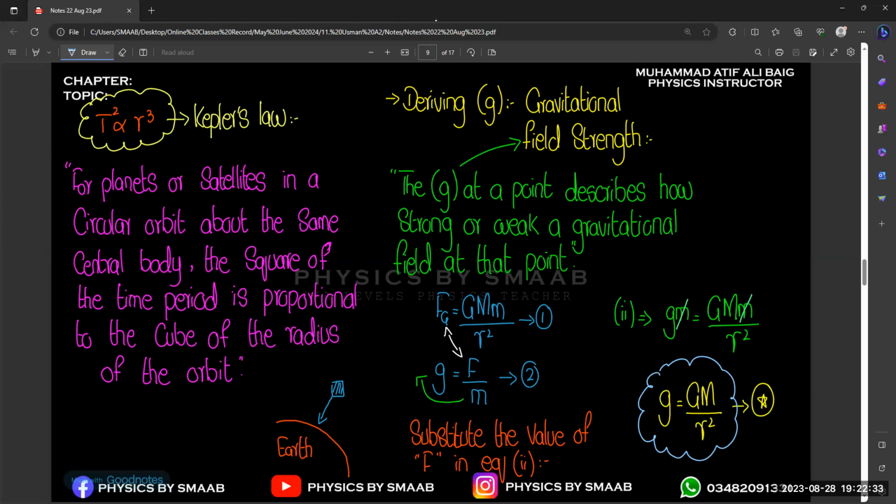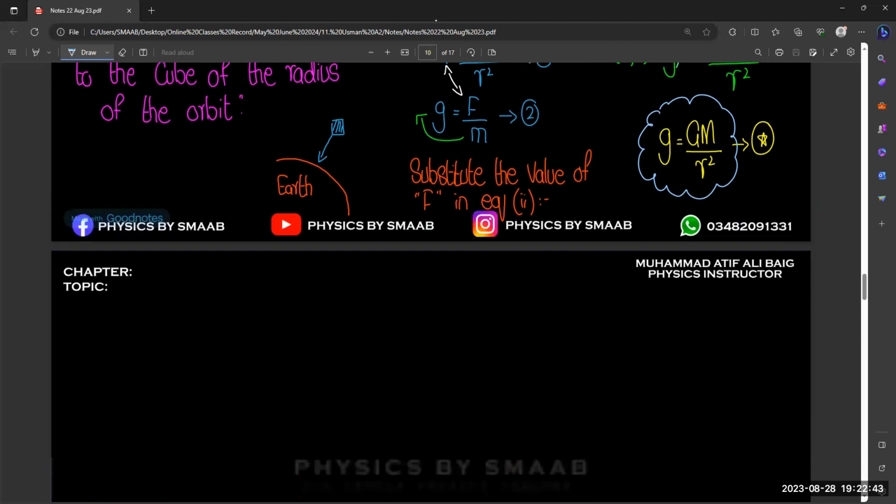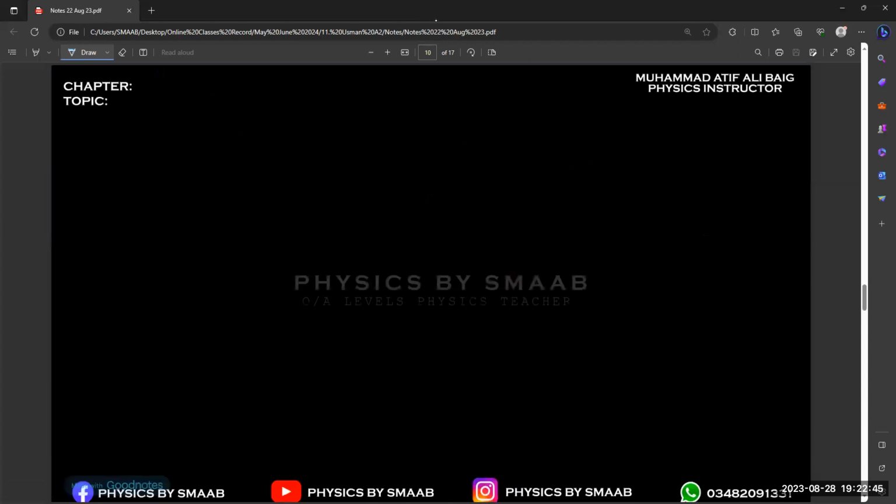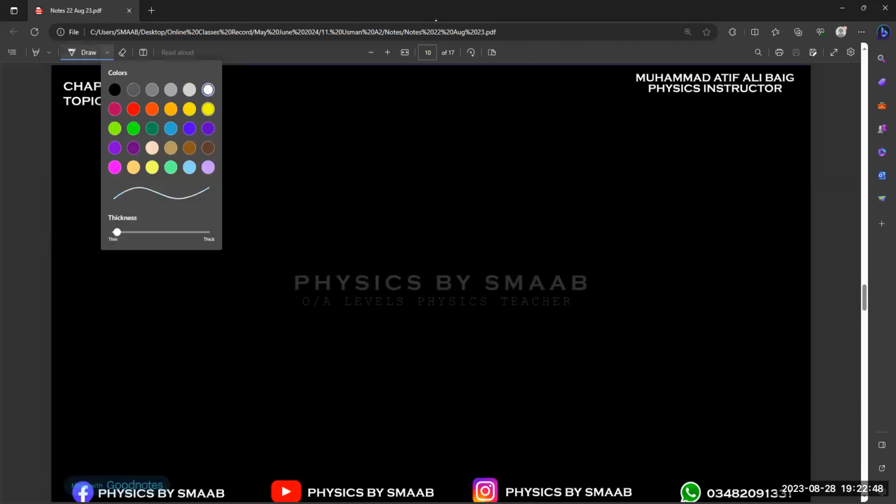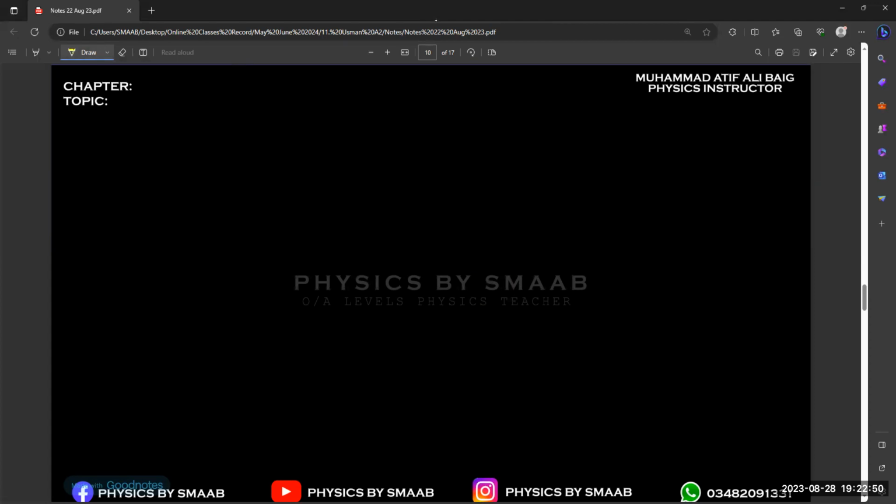Scalar only contains magnitude. And if we talk about gravitational field strength, what do you think, will it be a scalar or a vector quantity? Vector, because we know that it will always attract you towards the center. So there is always a specific direction in gravitational field strength, right?